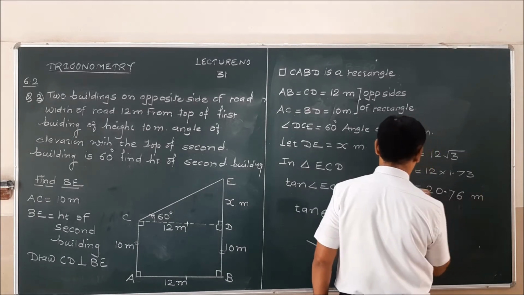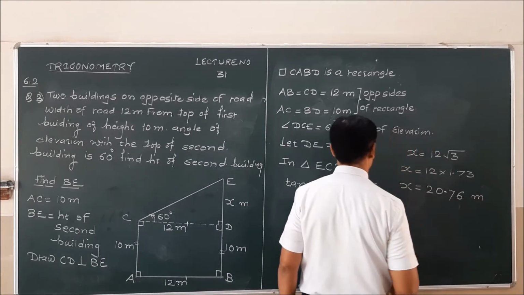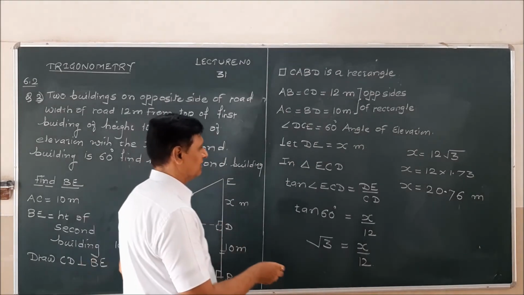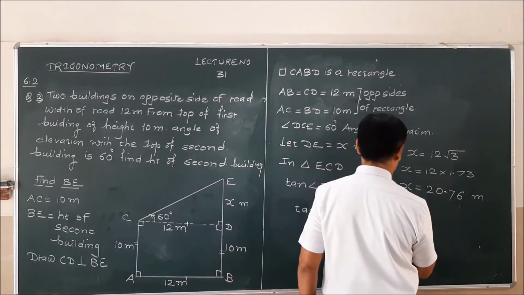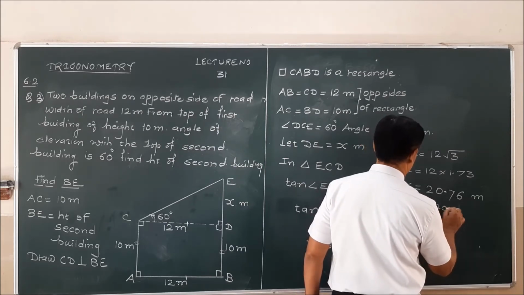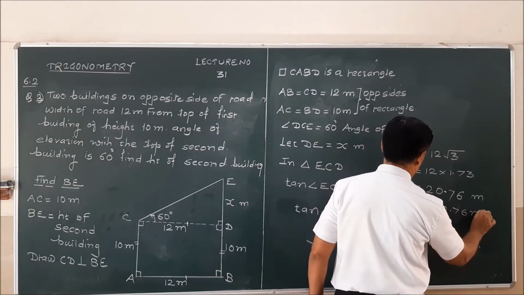So it becomes 20.76 meter. That is X. But what is X? X is DE. So DE is equal to 20.76 meter.